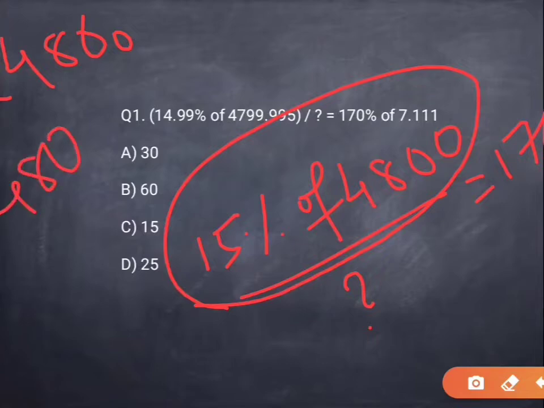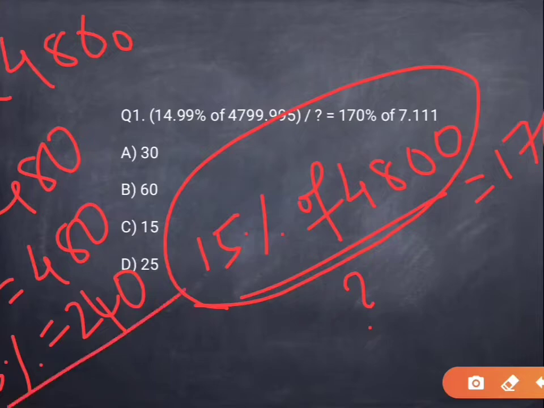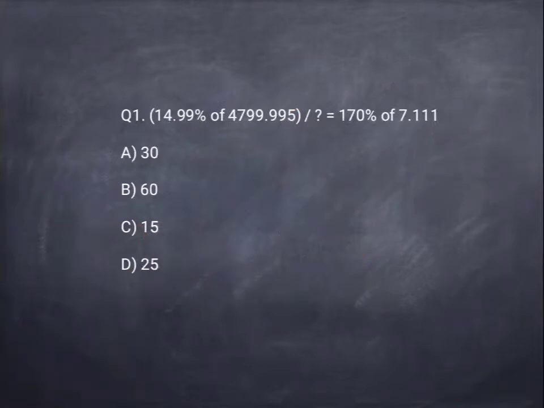Now we have 10% is equal to 480, then what will be 5%? Half of 480, that is 240. Now what will be 15%? 10% plus 5%, that is 480 plus 240. Okay, I'll write it again.